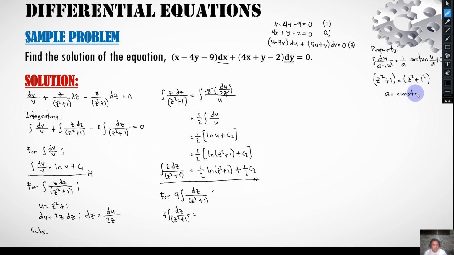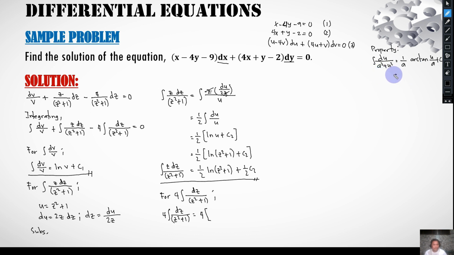So, yung constant. Okay? So, dito ay magiging equal siya sa 4 times, yung DC natin dito, students. Ito yung DU dito. So, actually, ito ay pwede mo ring ma-rewrite ng ganito, para hindi kayo malito.